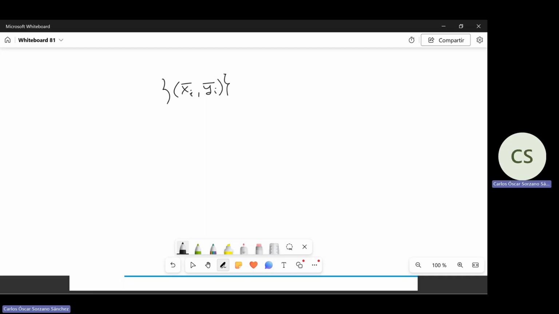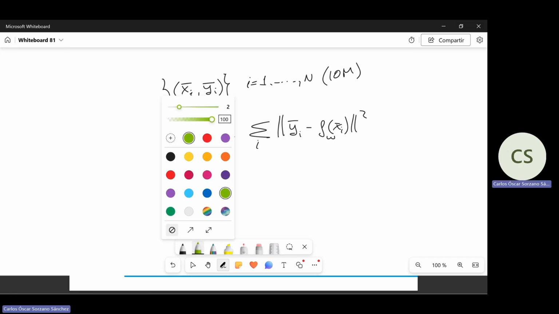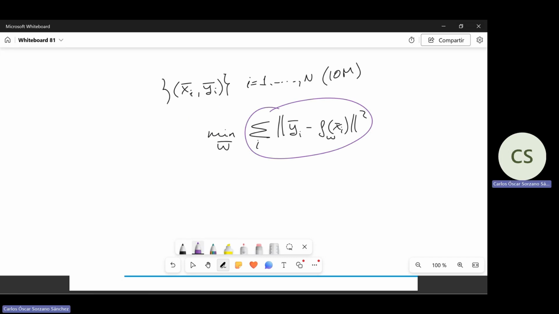I'm given many of them, and many can be 10 million points. Then I want to minimize with respect to some weights the sum over i of the norm of y_i minus my prediction. I want to minimize that. This is my goal function, f.